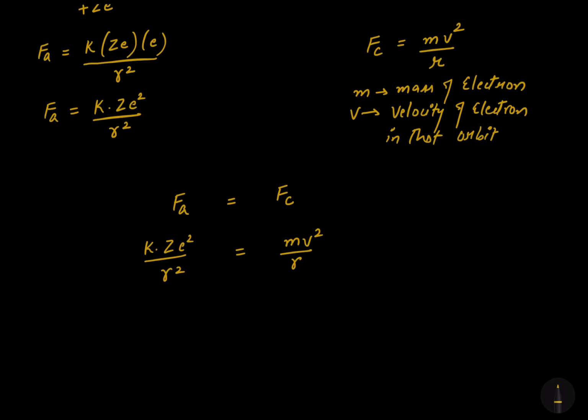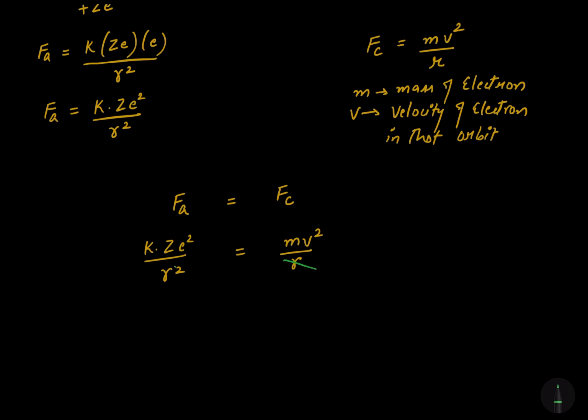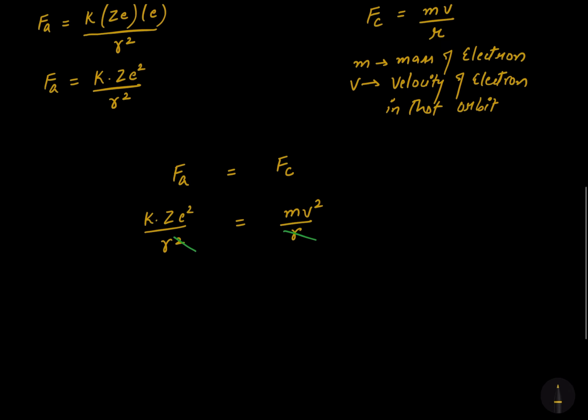So I have just taken the values. Now I will evaluate it. You can see that this r and the square have cancelled, and it comes out to be k Z e square divided by small r is equal to m v square.